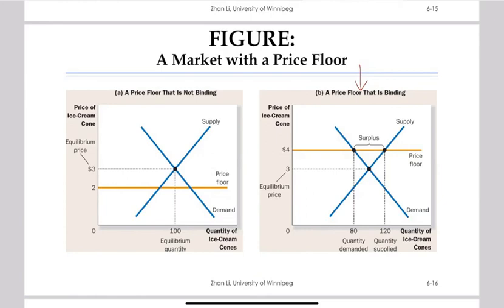So the equilibrium price of $3 violates the price floor policy, which means in this case the market price will increase to $4. And because $4 is above the equilibrium price, there would be some surplus, right? That is, at a high price, quantity supplied would be larger than quantity demanded.